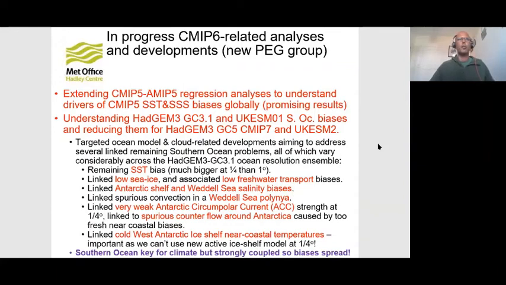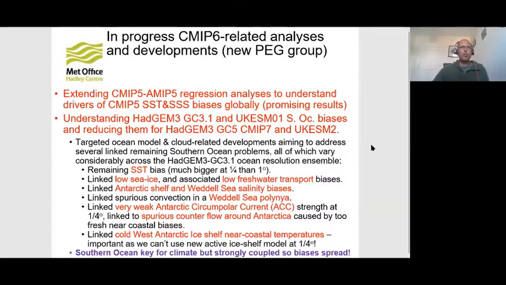There's also a lot of work to understand these remaining Southern Ocean biases and to reduce them for the CMIP7 model in UKESM2. In particular, we're doing targeted ocean and cloud-related developments which aim to address several linked remaining Southern Ocean problems, all of which vary quite a lot across the ocean resolution ensemble.